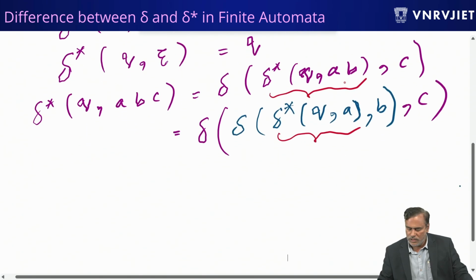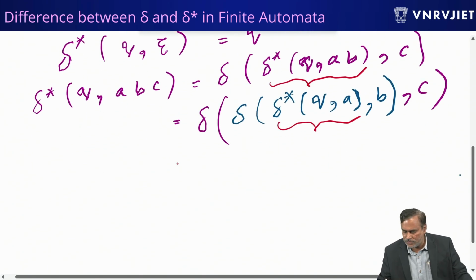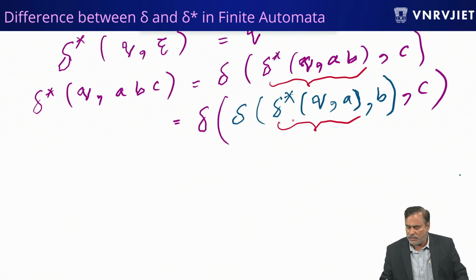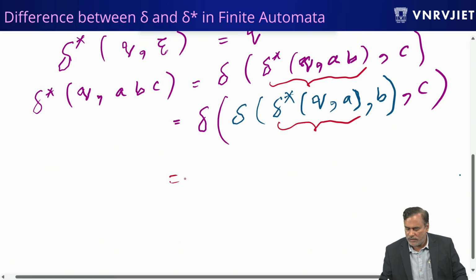So now if you want to replace this delta star, being they are equal to one another with respect to a single input symbol, your known delta star of QA is delta of QA, right? So if you want to replace this, you can replace. Rest of the part is same.